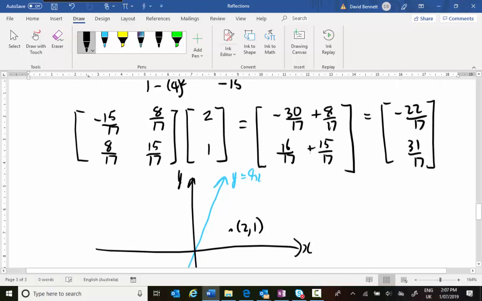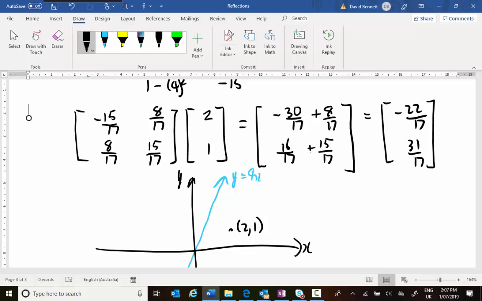Now, for that point there, minus 22 on 17 is just over negative 1, so it goes this way. And then it goes up, so that's not quite 2, but it's not far from 2. All right, so that point there is in fact minus 22 on 17 and 31 on 17.